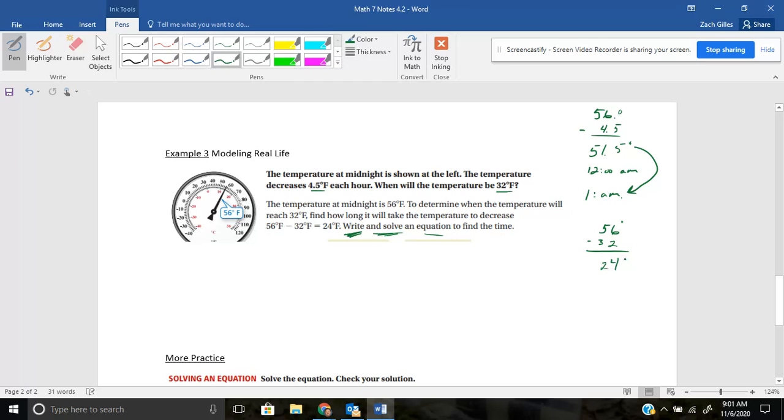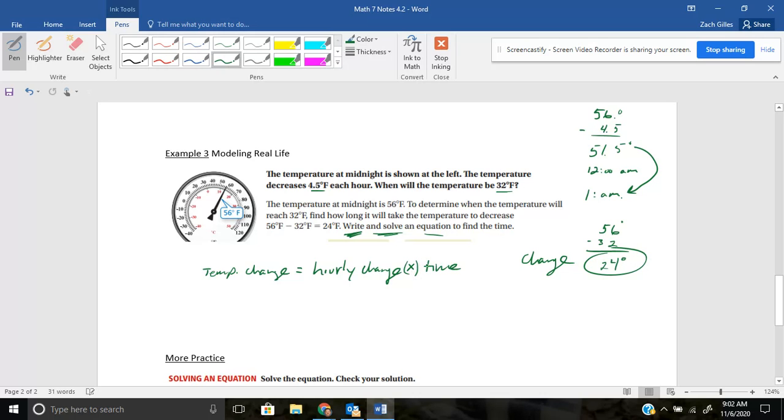So that would be 24 degrees represents the change in temperature. Okay, so therefore, I can kind of think of it this way. The temperature change should equal my hourly change times however long that was.